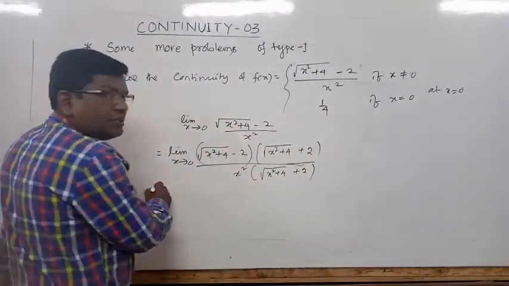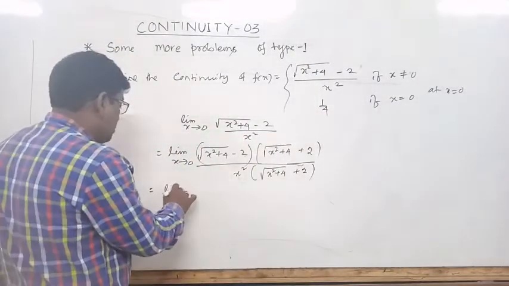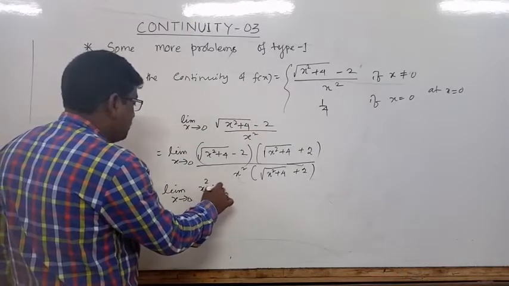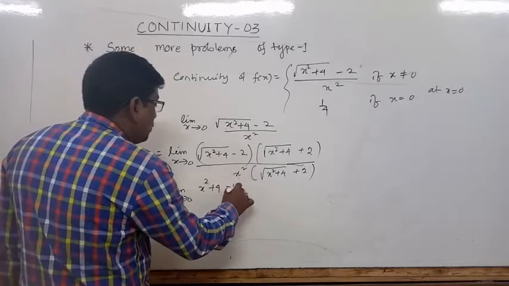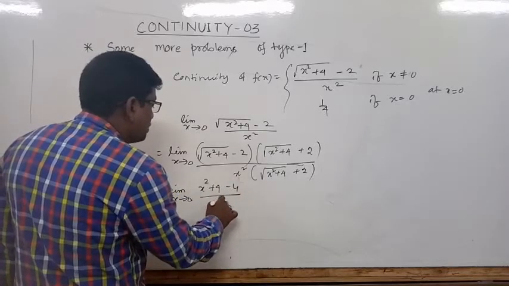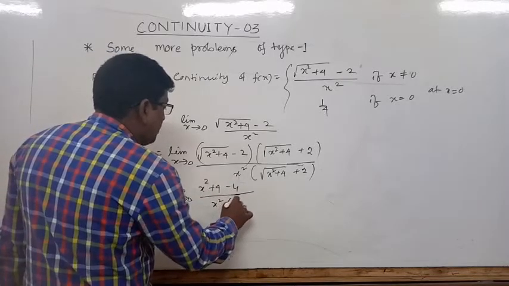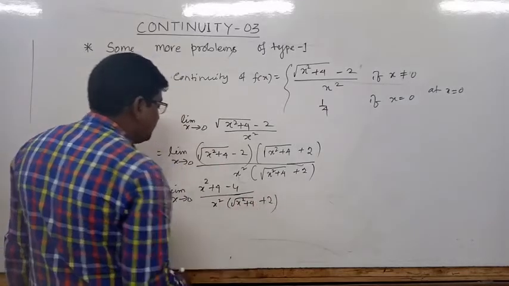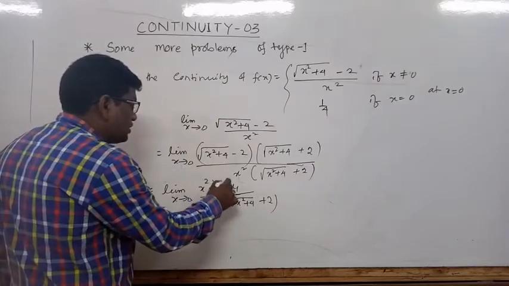So this is equal to limit x tends to 0, x square plus 4 minus 4 divided by x square into root over x square plus 4 plus 2. The plus 4 and minus 4 cancel.